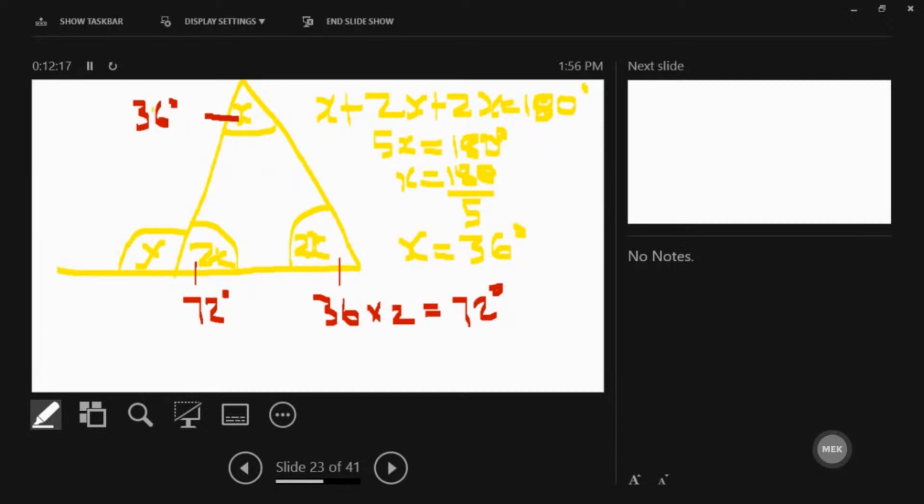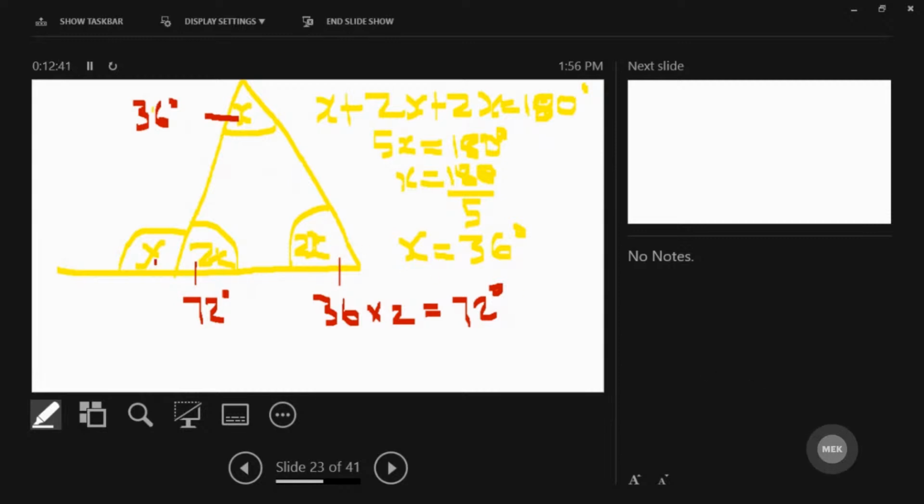All right, so Imani is saying y is 108 degrees because she added the 72 plus the 36. And that is correct because remember we said the exterior angle. Okay, yeah, that was a mistake, Zion.